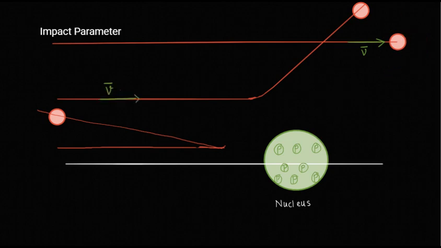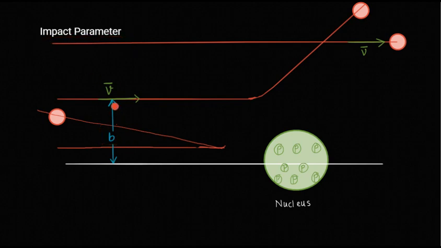Now let us consider the second alpha particle. The particle was initially moving in this direction, so its velocity vector represents this direction. But in this case, this velocity vector is closer to the nucleus, so the distance between this trajectory, this velocity vector, and the center of the nucleus, this distance, which is represented by b, is the impact parameter.